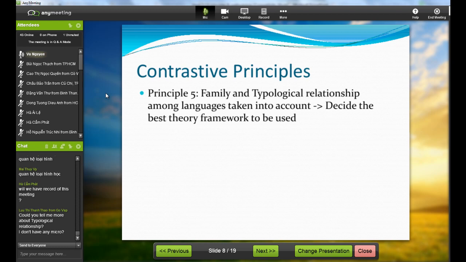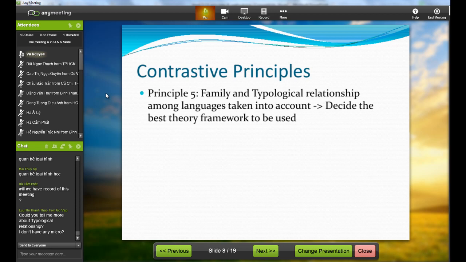All right, and deciding which topics you're going to work with is a necessary step to decide whether you want to analyze the typology relationship or not.